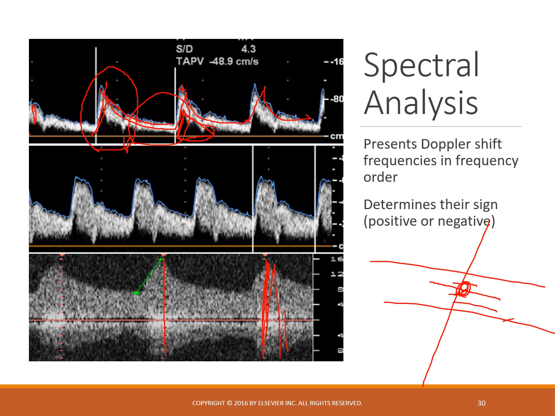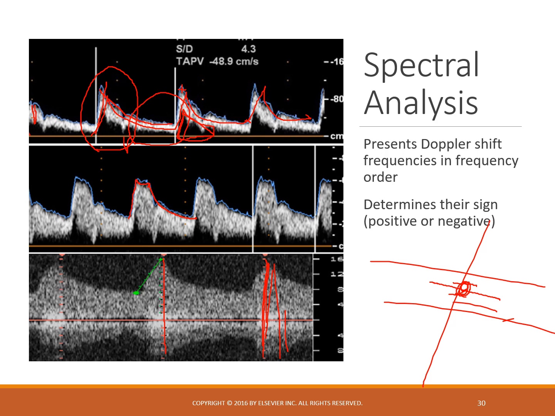Okay, now if I look here, I see that it's in general a pretty similar waveform. I've got a pretty good systolic upstroke, a little bit of a notch through diastole, meaning there's a little bit of hesitation there, but then I have good forward motion all the way through diastole.